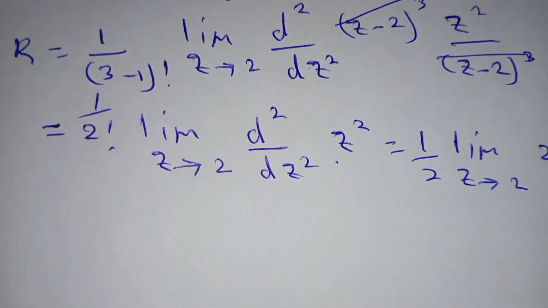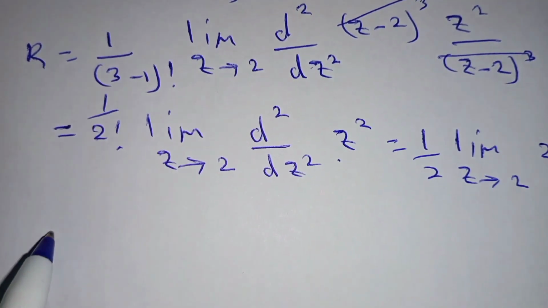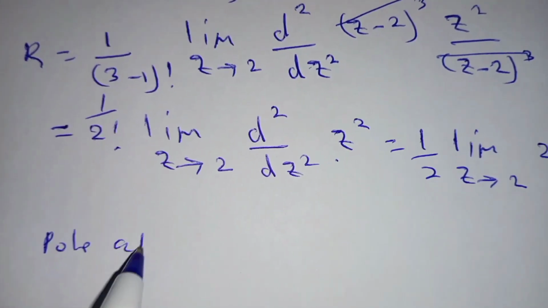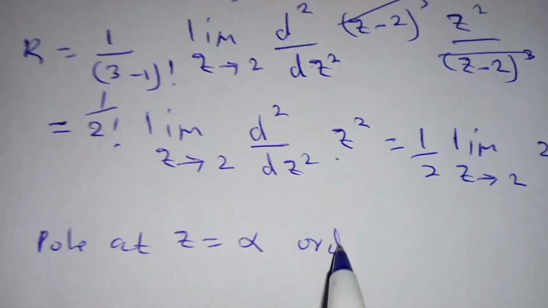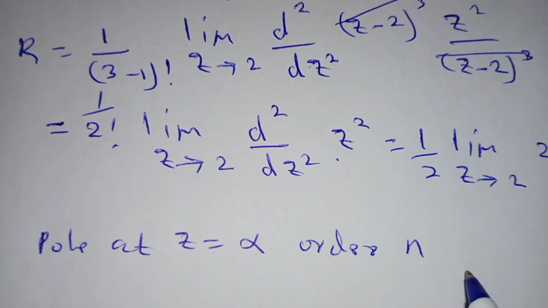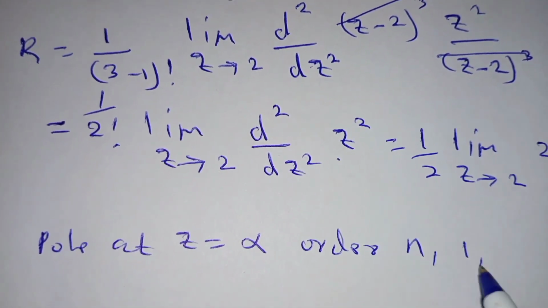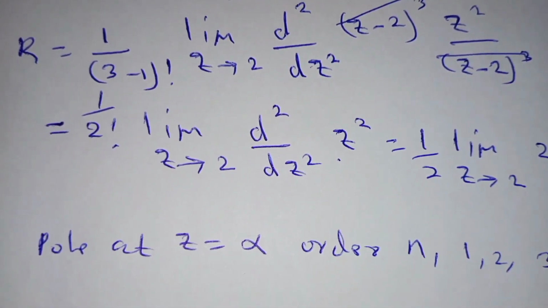When you are dealing with multiple poles and you have a pole at z is equal to alpha of order n, where n could be 1, 2, 3, 4, all the way.